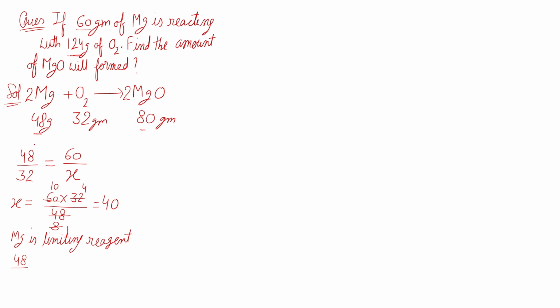So that we know 48 gram of magnesium produces 80 gram of magnesium oxide. We have 60 gram of magnesium.